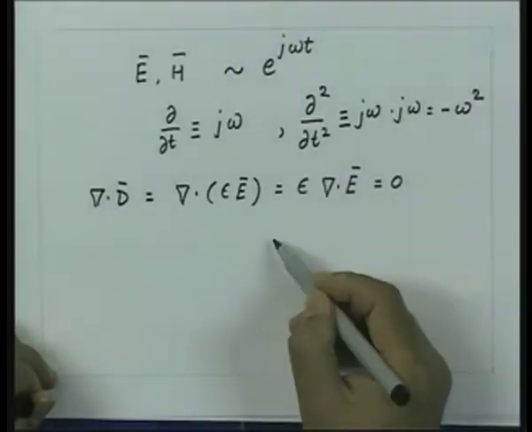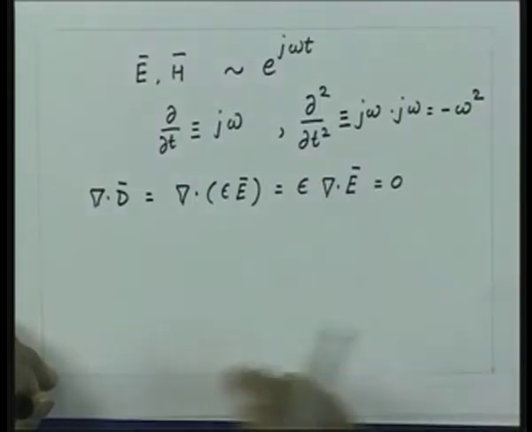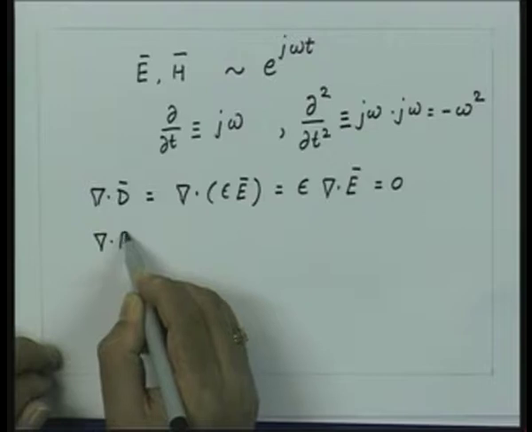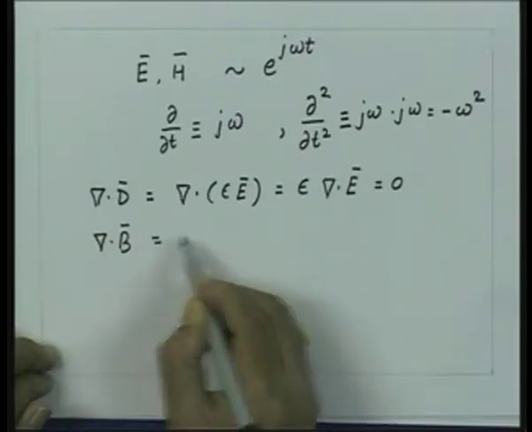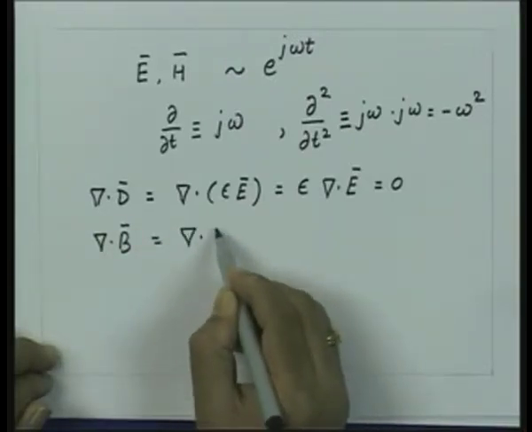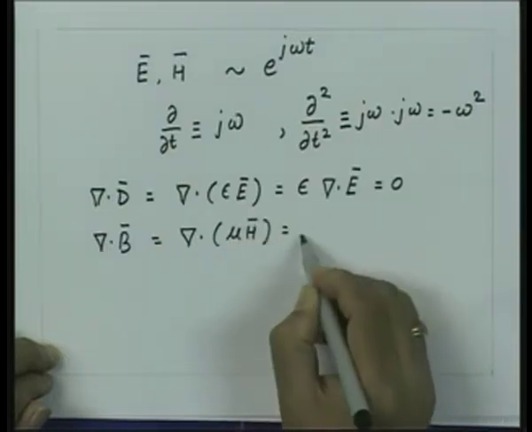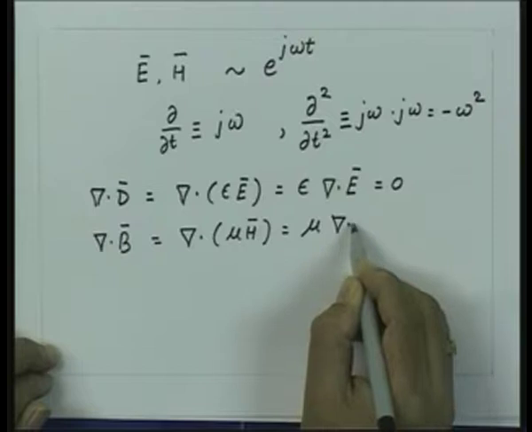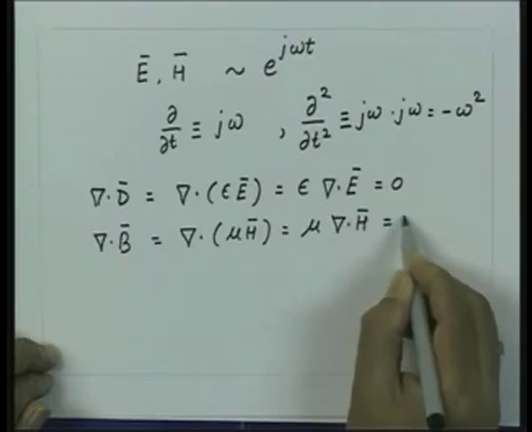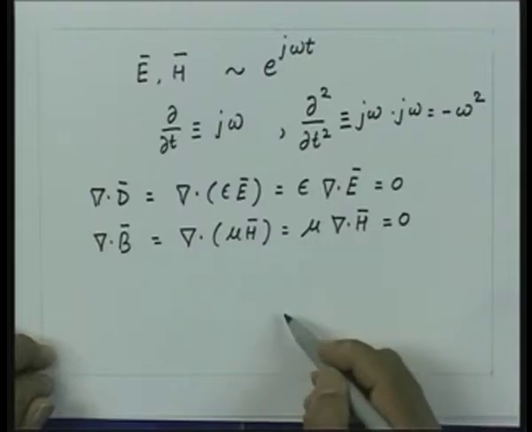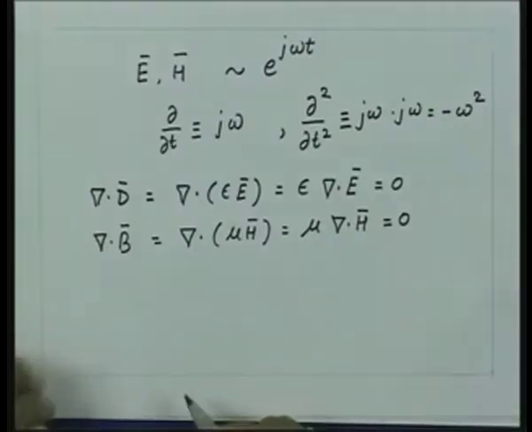And since epsilon is not equal to 0, essentially del dot E is equal to 0. Similarly, del dot B is equal to del dot mu times H, that is equal to mu into del dot H, that is equal to 0. And since permeability is not 0, essentially del dot H should be equal to 0.